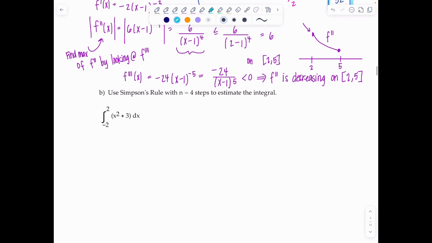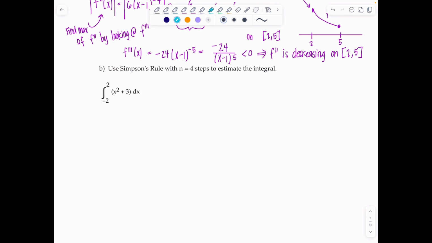Use Simpson's rule with n equals 4 steps to estimate the integral. So we're going from negative 2 to 2, antiderivative of x squared plus 3 dx. Now we don't need to use Simpson's rule. We could easily just evaluate this, but we're just practicing that we know the rule. So the interval's from negative 2 to 2. That's a, that's b. Let's find delta x first, which is b minus a over n.